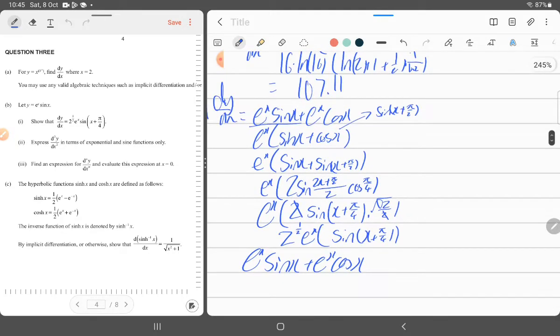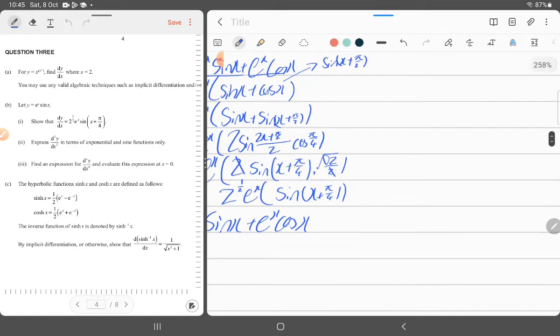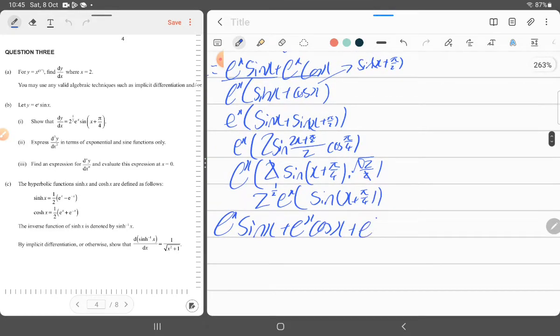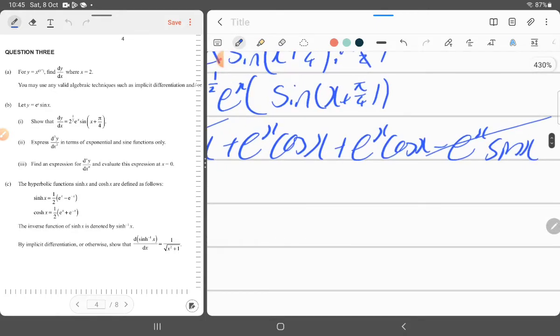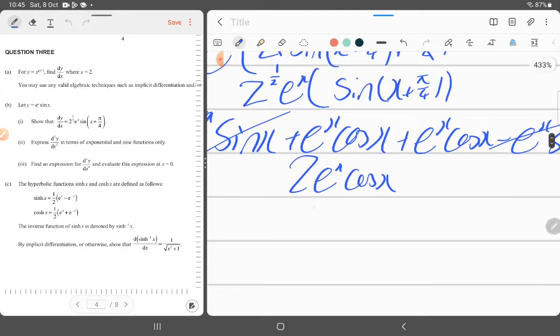Then let's derive this, plus e to the power of x, take away e to the power of x sine x, that turns into, cancels out, 2 e to the power of x cosine x. Then I think we can just turn it back into sine.